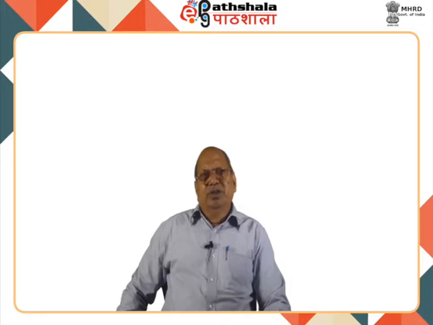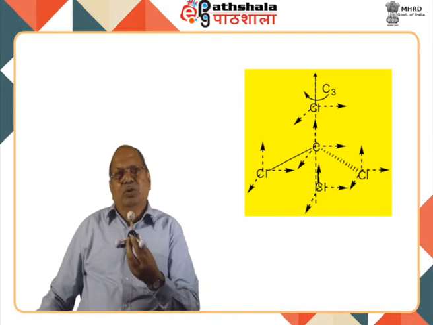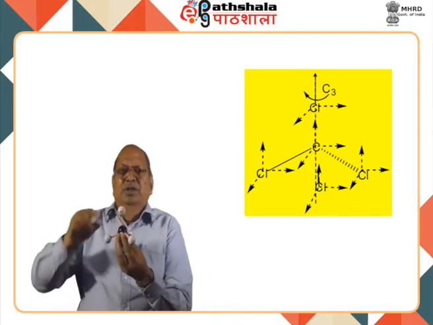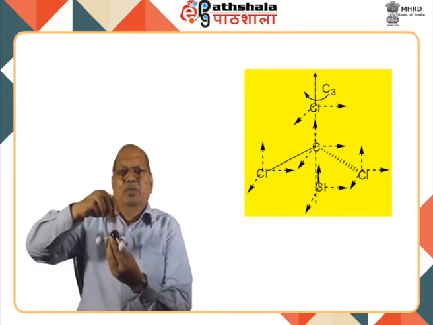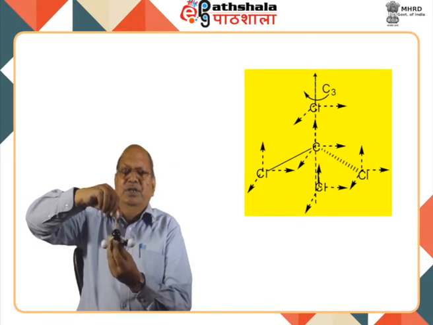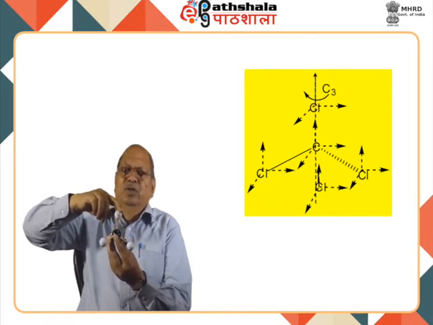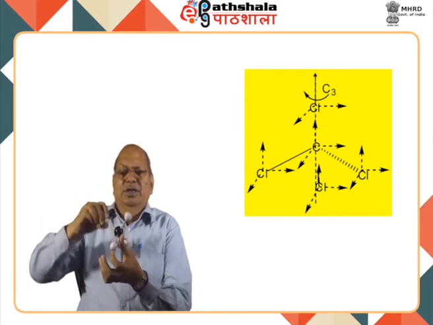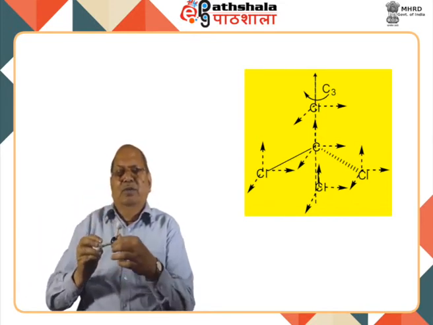The symmetry elements and 3n vectors for the CCl4 molecule are shown in the figure. With the help of the module, let us show the CCl4 molecule like this. It is a tetrahedral molecule. If I take this as my C3 axis, this molecule has 4 C3 axes, one along like this, another like this, and like this.